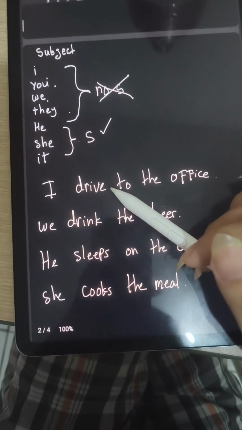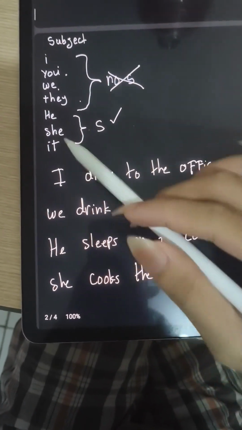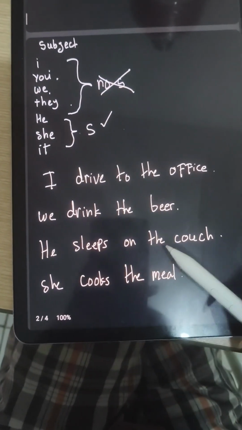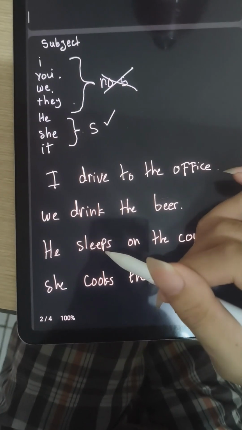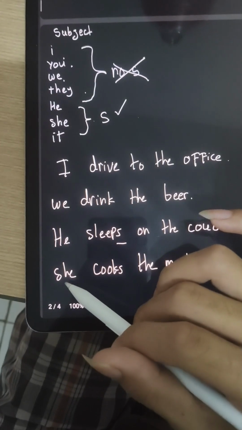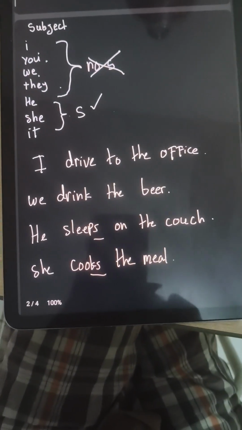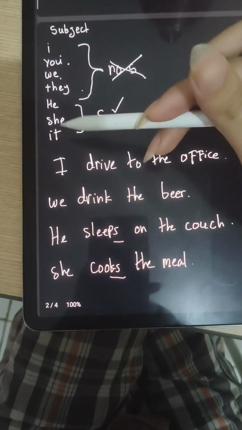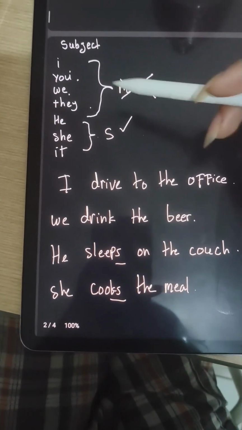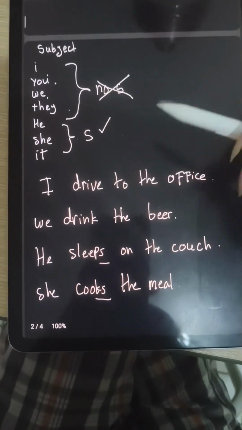Not I drives. But if the subject is he, she, it, he sleeps on the couch. Notice I put s at the end of sleeps. As well as she. She cooks the meal. So again, if the subject is he, she, it, you need to put s at the end of it. And if it's not, you don't bother. Okay, this is present simple.